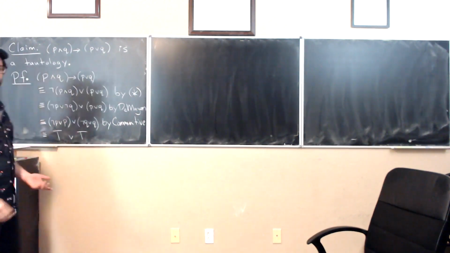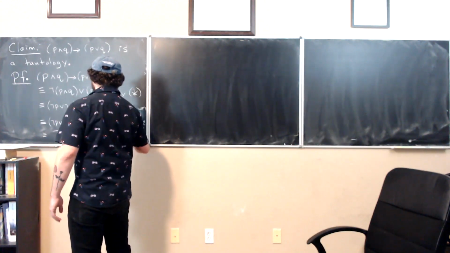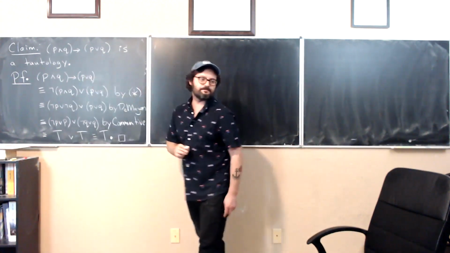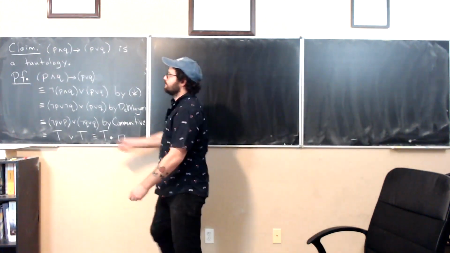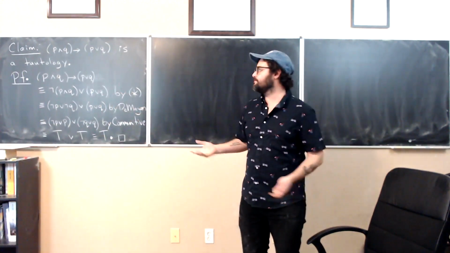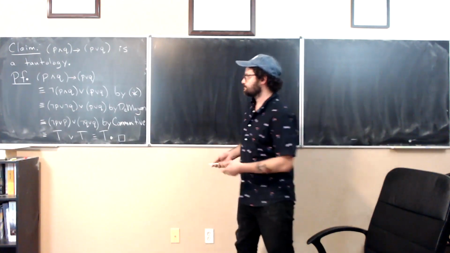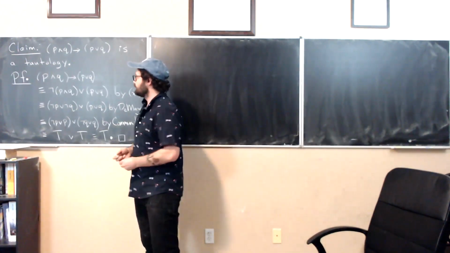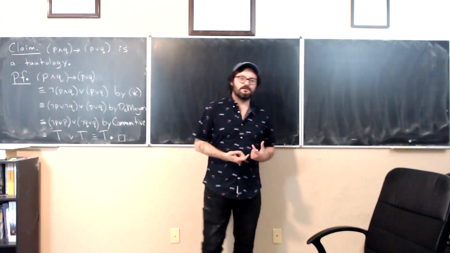Oh, true or true is true. We're done. Nothing else to do. That compound proposition, if P and Q, then P or Q, is always true, regardless of the truth values of P and Q. Done.